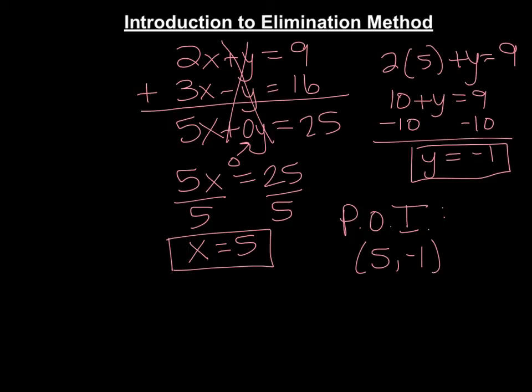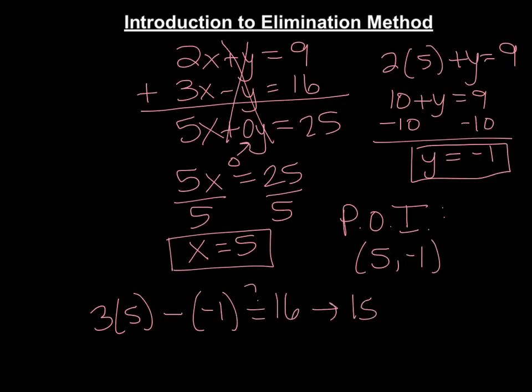And we can check that by plugging the 5 and the negative 1 into the bottom equation. So 3 times the x value of 5 minus the y value, which is negative 1, does that equal 16? Well, 3 times 5 is 15. Minus a minus turns into plus. And yes, 15 plus 1 does equal 16, so it checks.